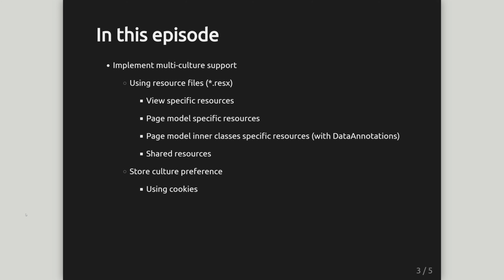So we'll be using resource files specific for each view, for each page model, also for inner classes of a page model. In this case, we will be using data annotations like we are using for validation and stuff like that, but those strings will be localized.